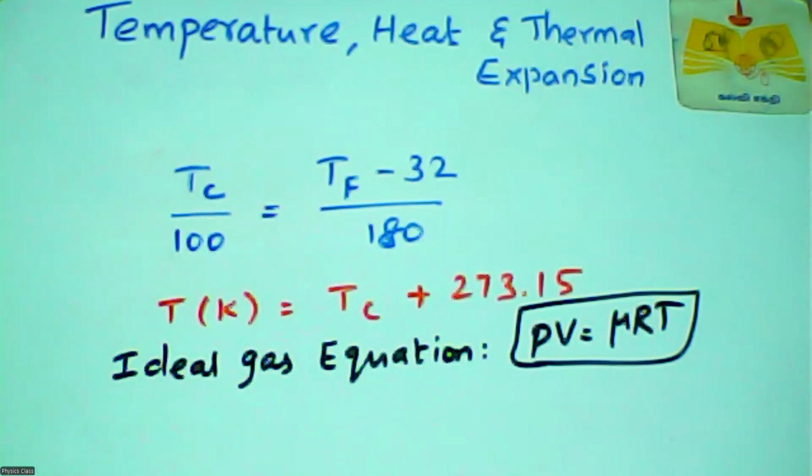Why did the ring get bigger? Because most substances expand on heating and contract on cooling. Already you knew about that.